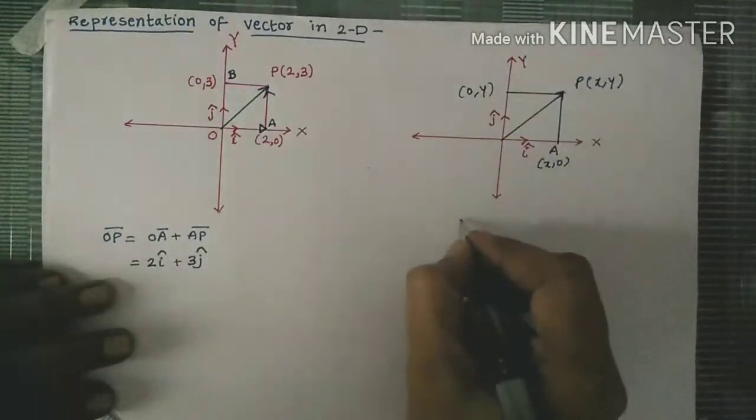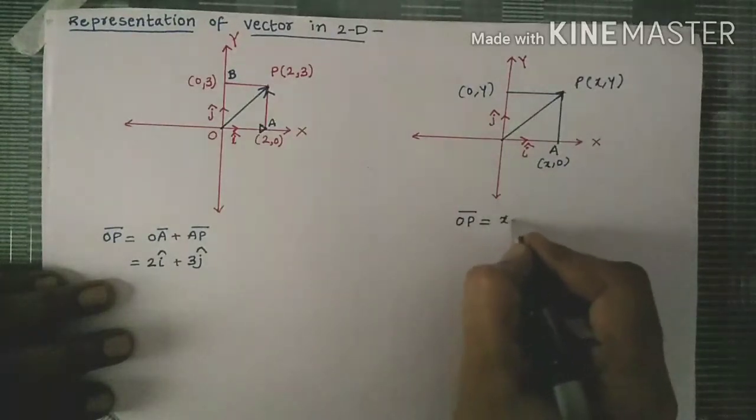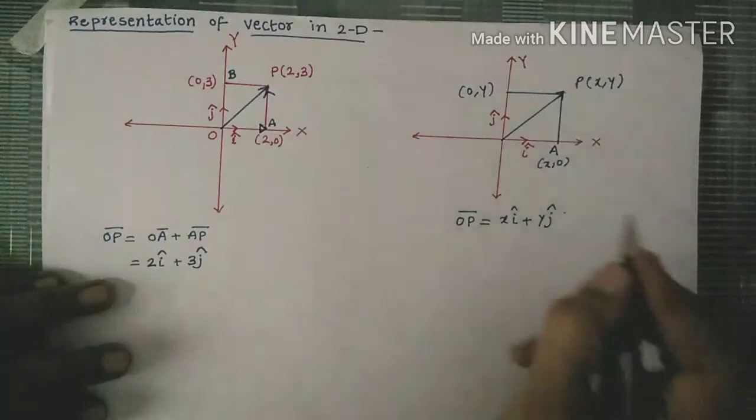So in general, if coordinates of P are (x, y), then OP bar is x i cap plus y j cap.